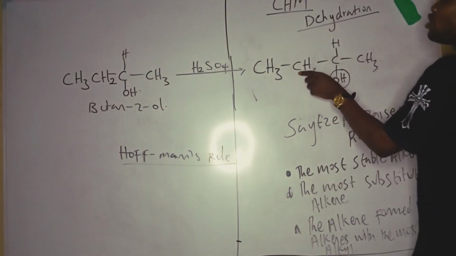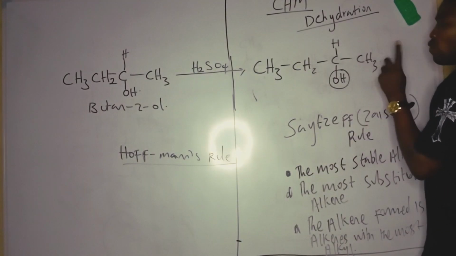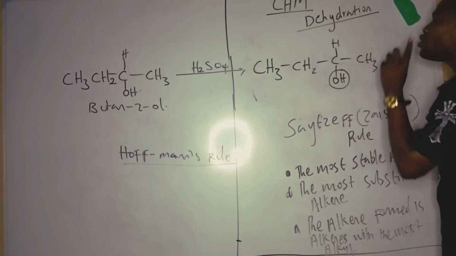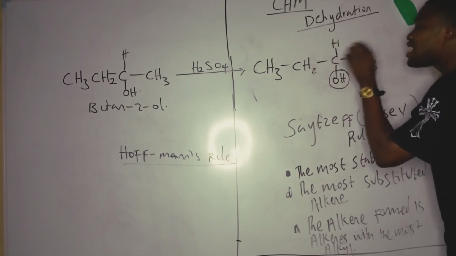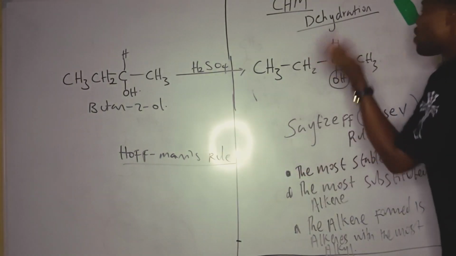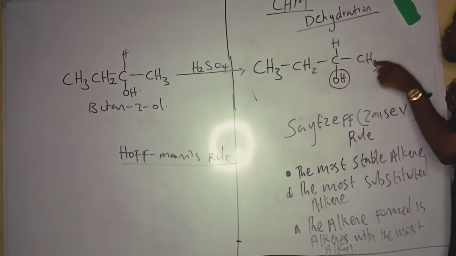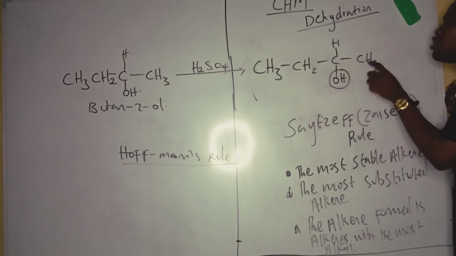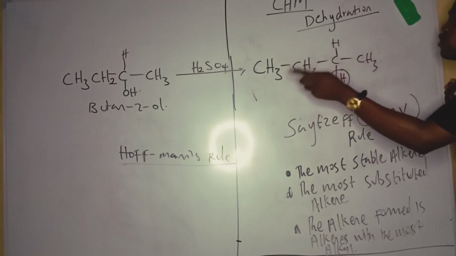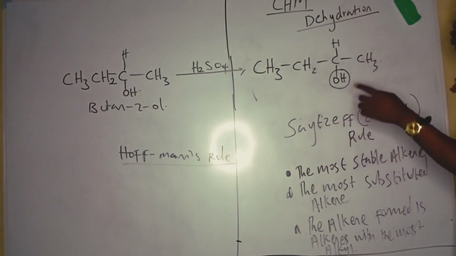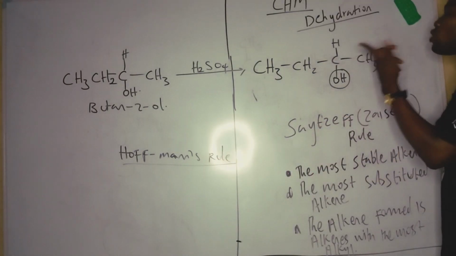I can either remove hydrogen from here or from here, but because I'm obeying Saytzeff rule, I will remove hydrogen from this carbon because it has less hydrogen. If it was Hofmann's rule, I will remove hydrogen from the carbon with more hydrogen. According to the Hofmann's rule, I'm going to produce an alkene that is least substituted.